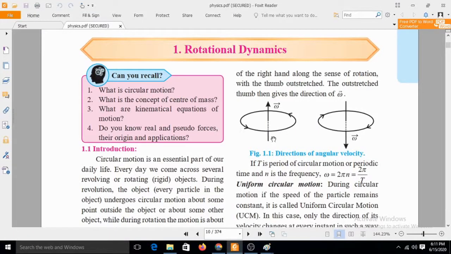But according to the chapter we are studying, it is all rotatory motion, objects traveling in rotational motion. When an object rotates along an axis passing through the center of mass, it travels with an angular velocity omega.